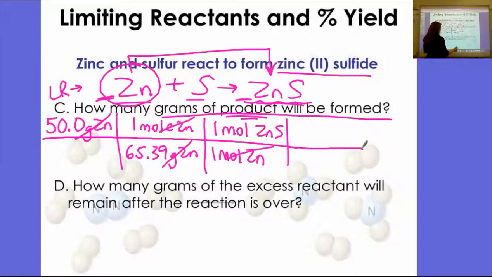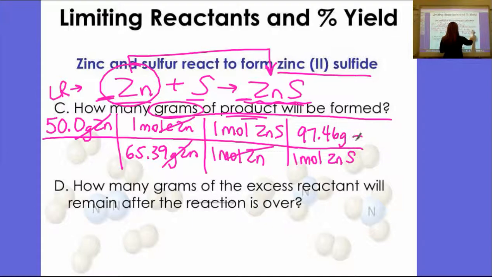And then in order to get to grams, because it says how many grams of product will be formed, I need to look up the molar mass of ZnS, which is 97.46 grams.